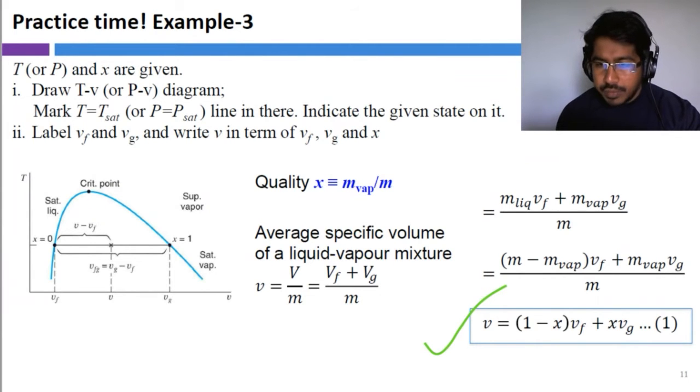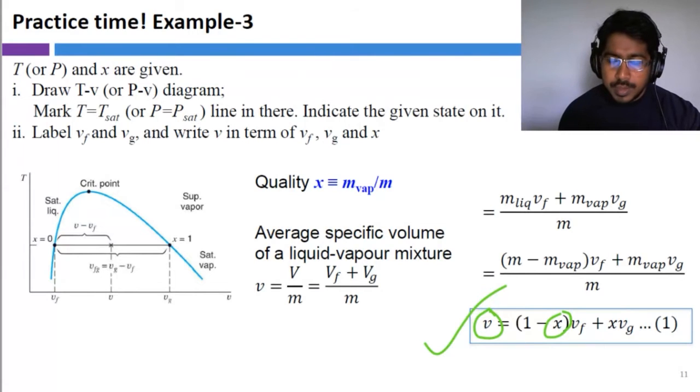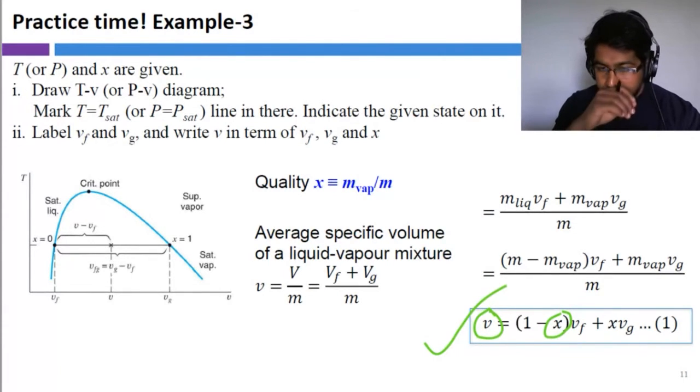If you reconfigure the same equation, you can calculate X. To calculate the specific volume or quality inside the dome, you should know either specific volume or X. If you don't know either of these, with the current knowledge, we cannot find quality. But once we get to know internal energy, enthalpy, entropy, and all these other parameters, there are ways we can calculate the quality based on those. But for now, we have to know either of these parameters to calculate the remaining one.